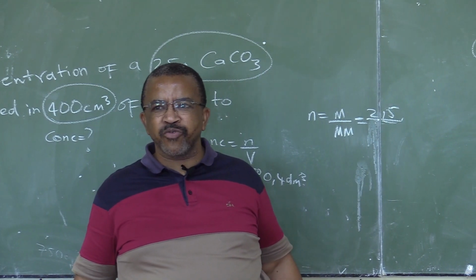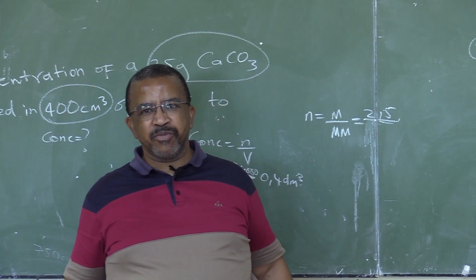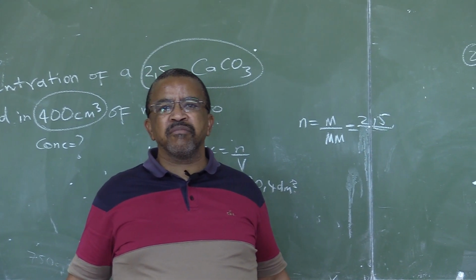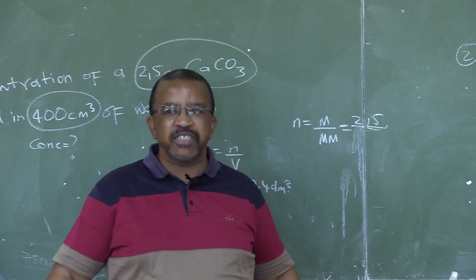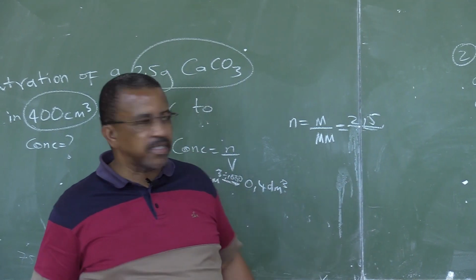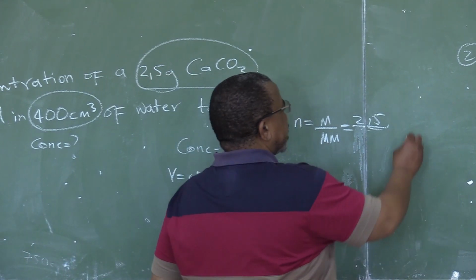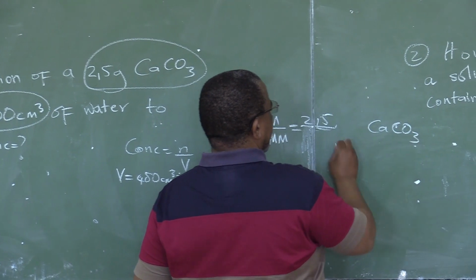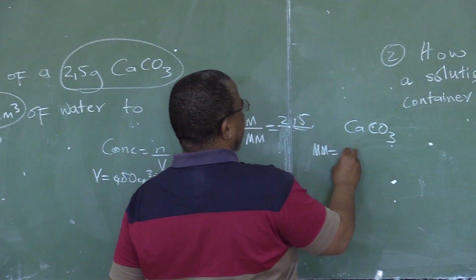Sulfuric acid, H2SO4, is 98 grams per mole. Calcium hydroxide is always 74. Let's see whether calcium carbonate really is 100.